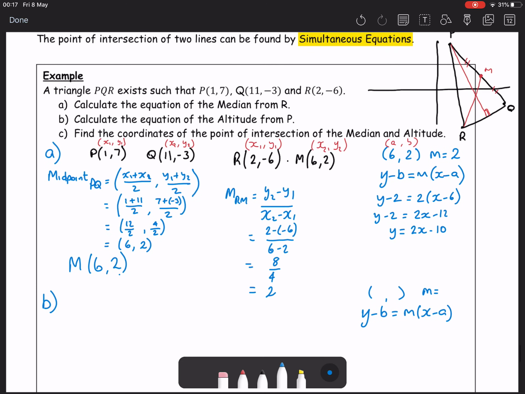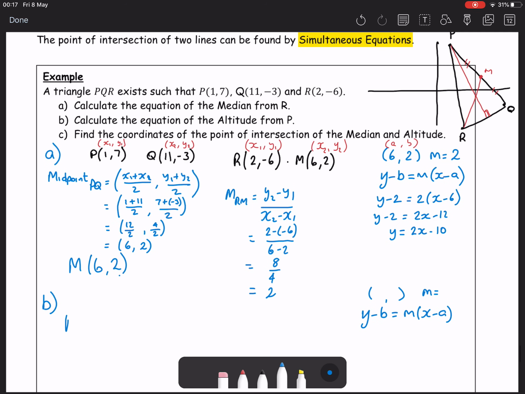In this particular instance, point-gradient equation, my altitude from P meets somewhere on RQ. So I have the point P, and that will be the coordinate point that I will use within my equation. So P is (0, 17).